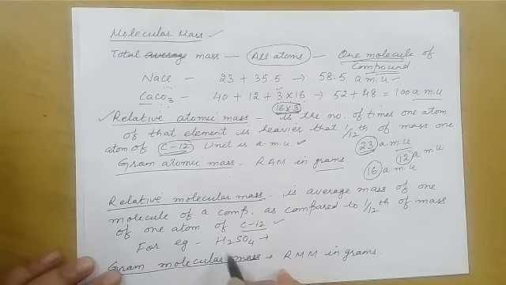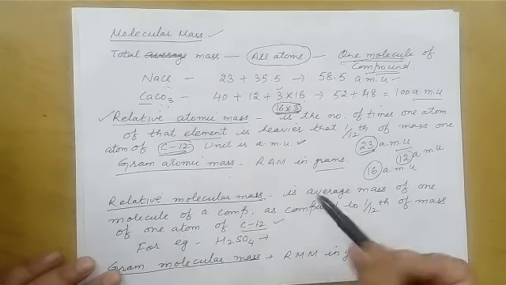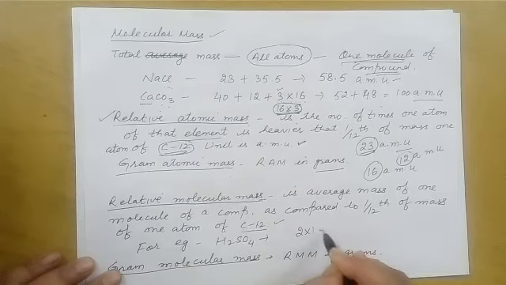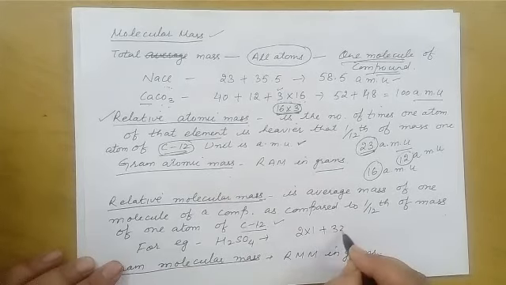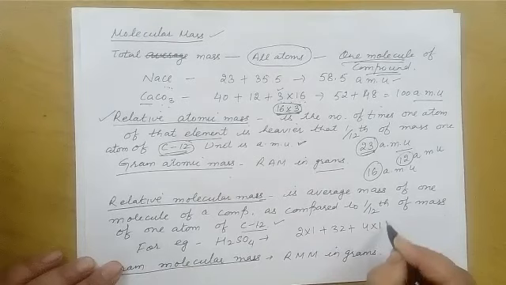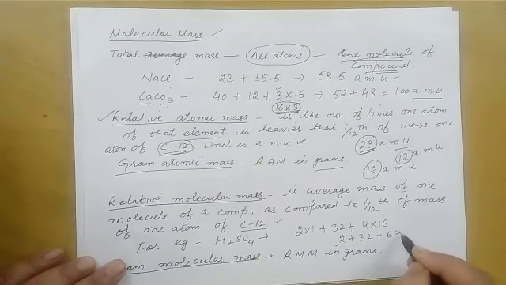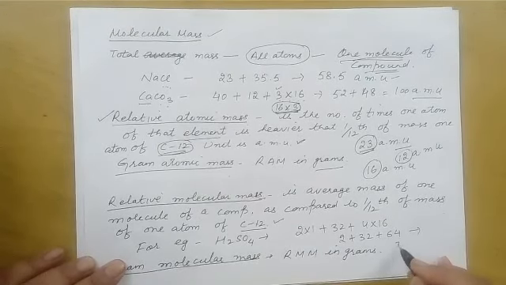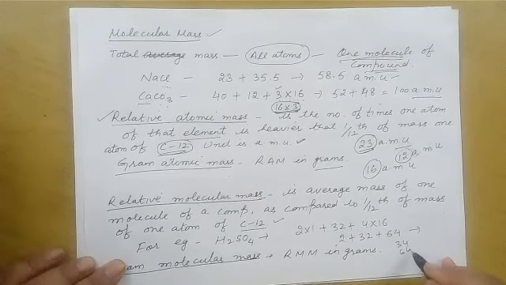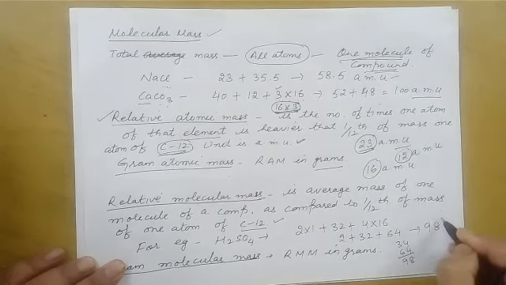For example, H2SO4. So this is 2 into 1 plus sulfur 32 plus 4 into 16. So 2 plus 32 plus 64. This is 34 plus 64. So we have 98.